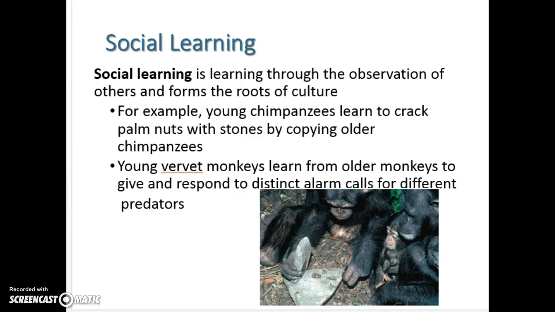Another example of this is young chimpanzees learn to crack palm nuts with stones by copying older chimpanzees. And you also see this behavior among otters. If you ever go to Monterey, you'll see otters cracking shelled fish or shelled organisms on their chest using a rock.